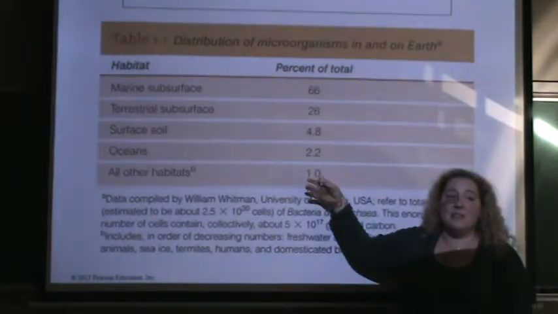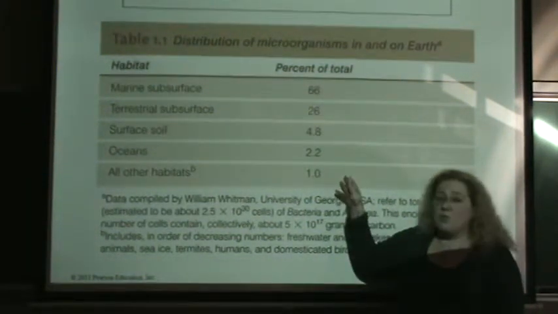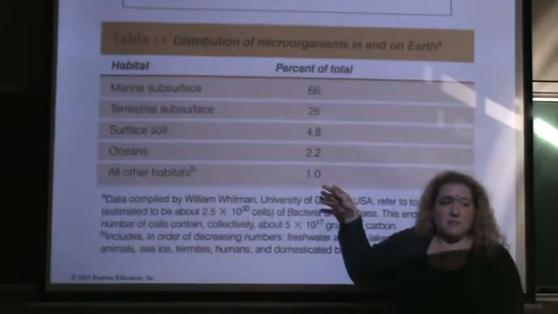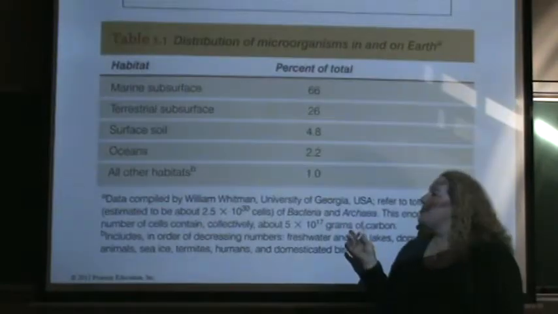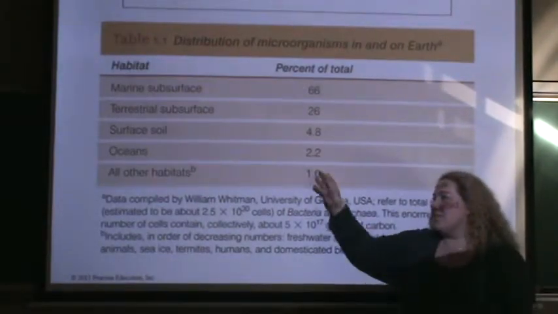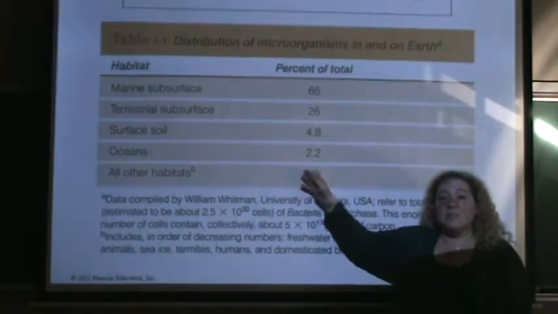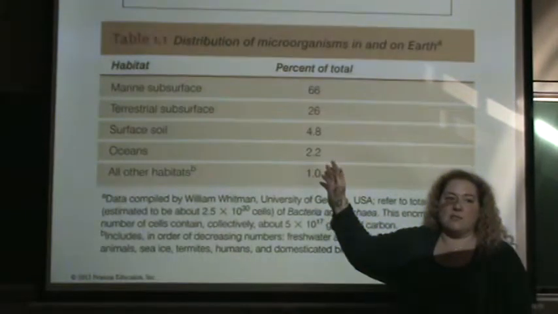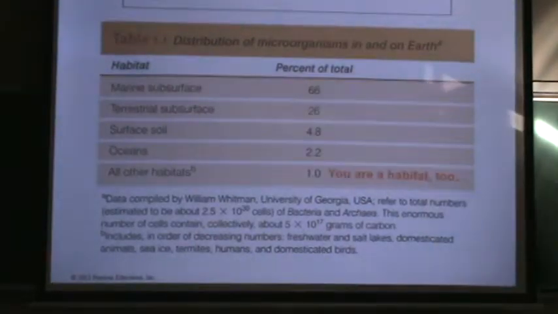That includes in people, on surfaces, in fresh water, in toilets, garbage dumps, 1%. So the microbes that are most studied are the ones that are medically relevant, but they are such a small proportion of the microbes that are out there.